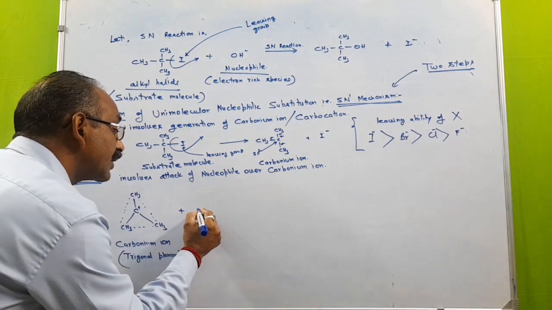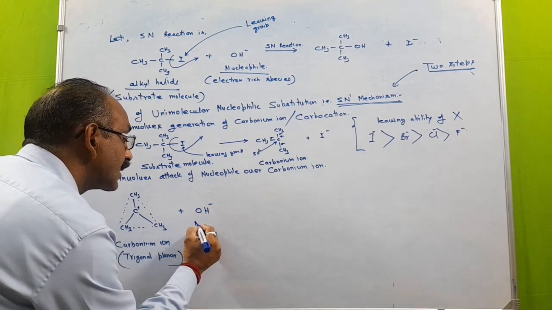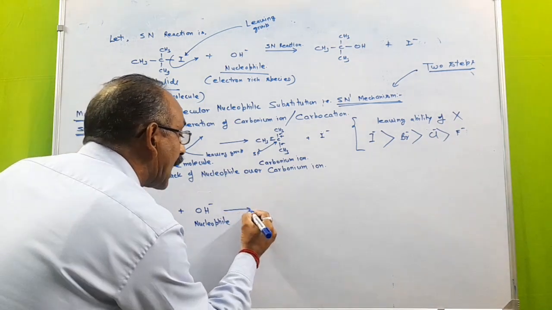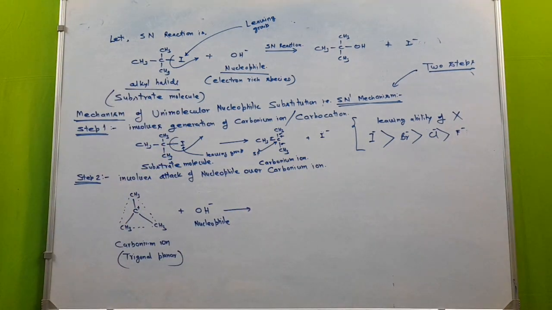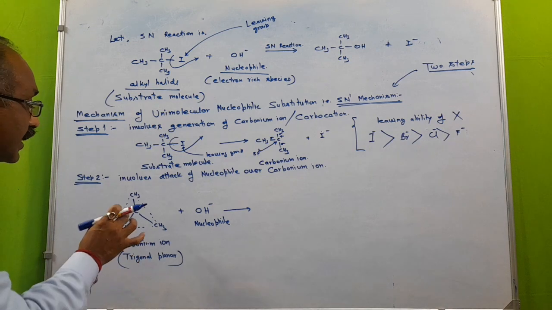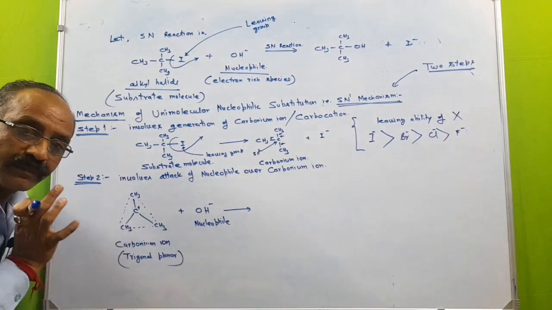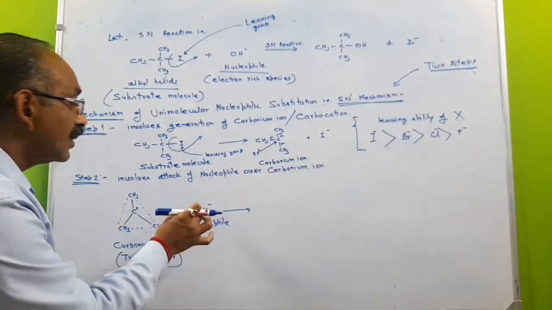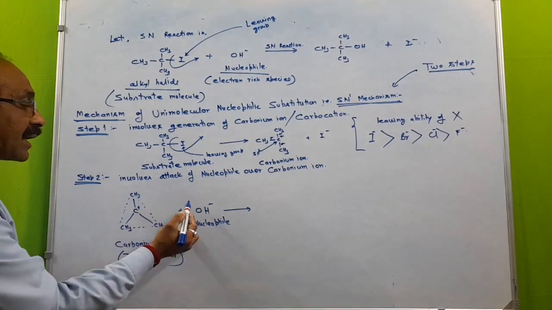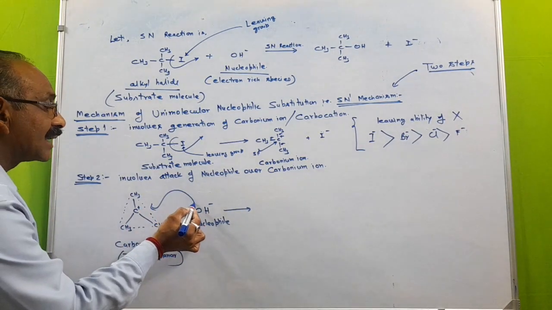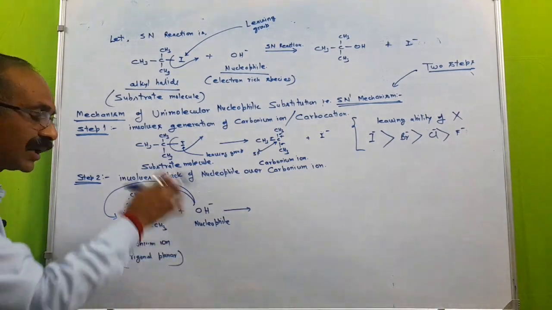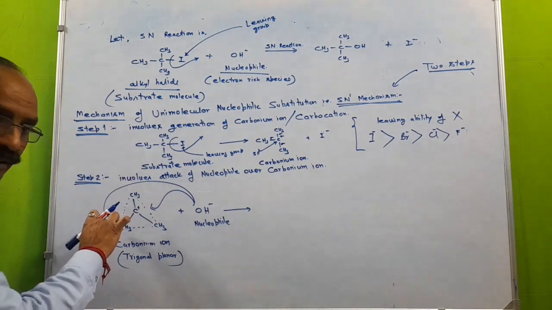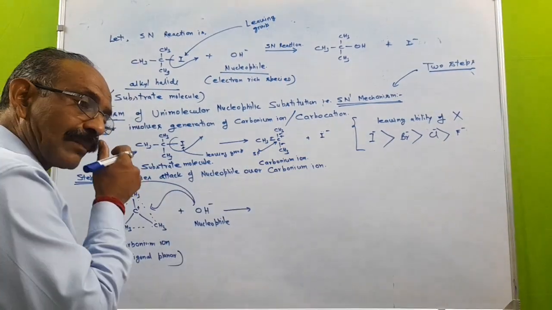Now the nucleophile is OH minus. Now this nucleophile will attack over the carbonyl ion. Now see here, as it is having a trigonal planar geometry, all the angles are of 120 degree. So this OH minus ion may attack from the front side, as well as at the same time it may attack from the back side. Is it clear? So what happens here?